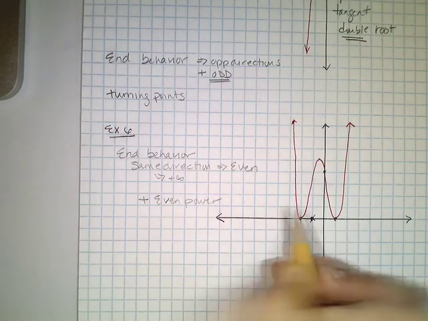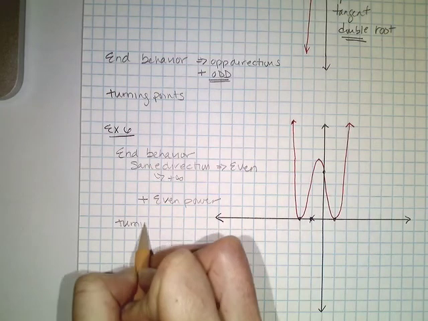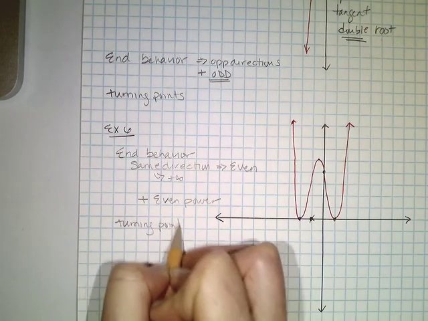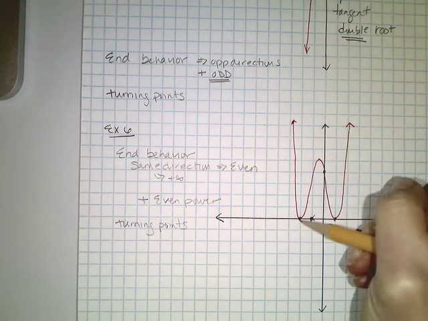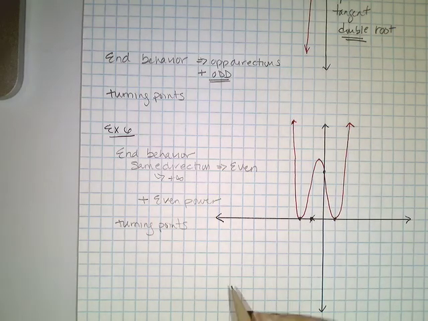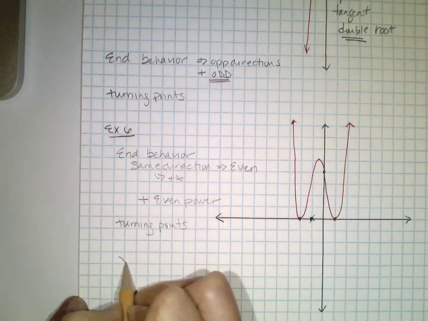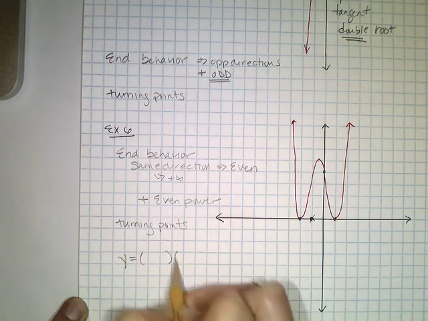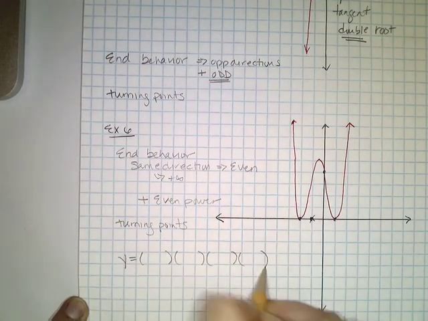Then we look at the turning points, and we say it has 1, 2, 3 turning points, meaning it's a 4th degree polynomial. So here I should expect 4 factors.